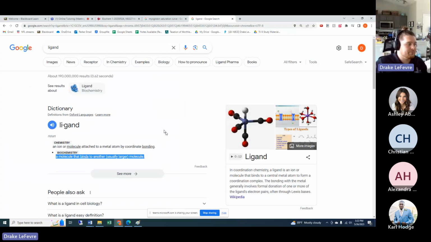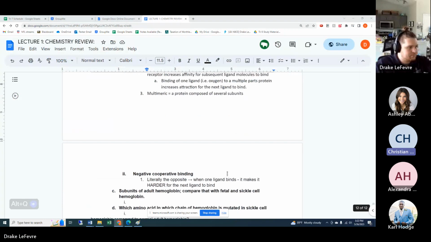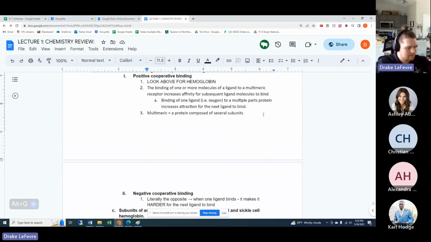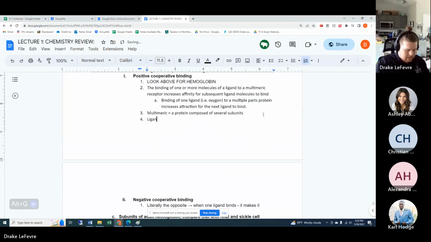It can be ATP. It's any molecule that binds to another molecule. Ligand equals molecule that binds to another, usually larger molecule.